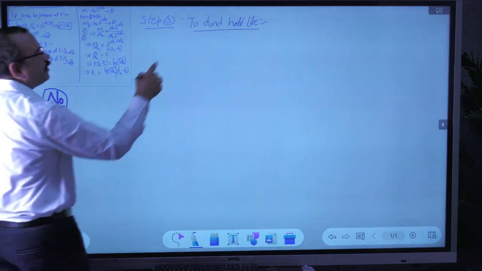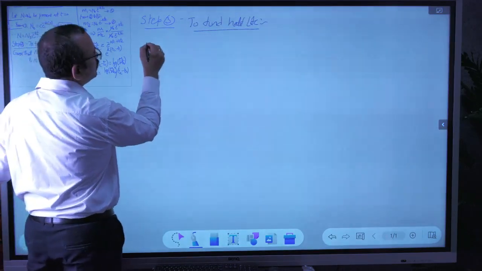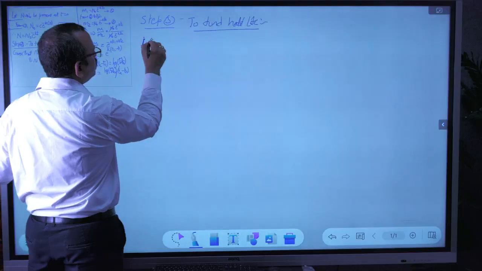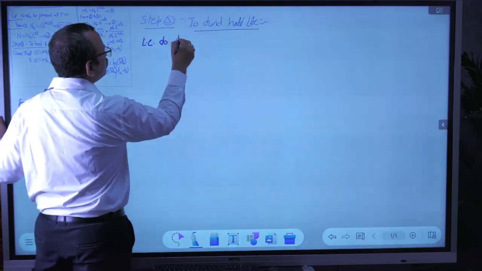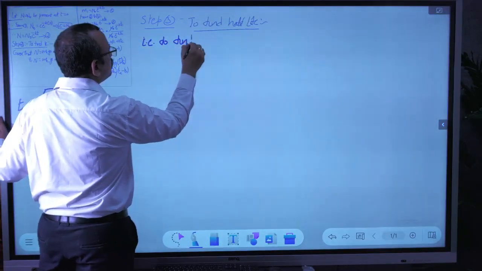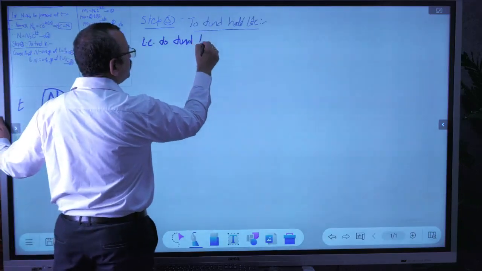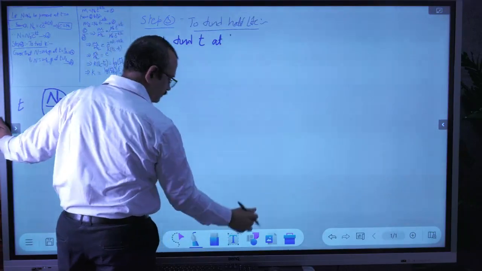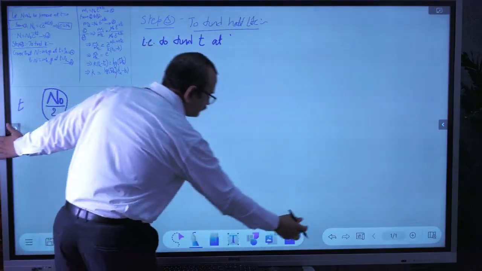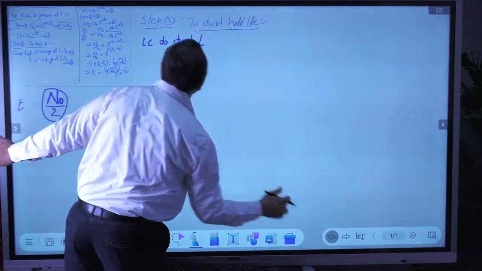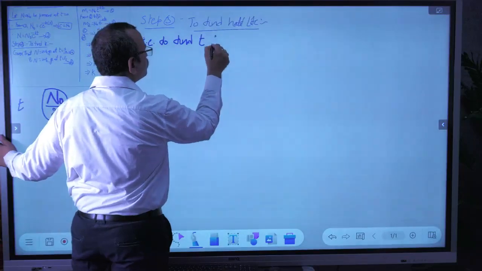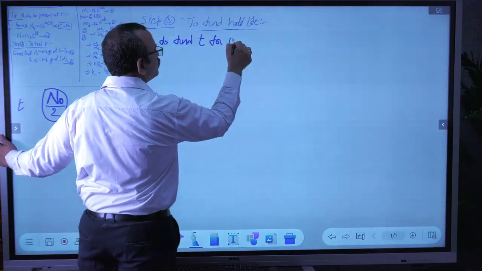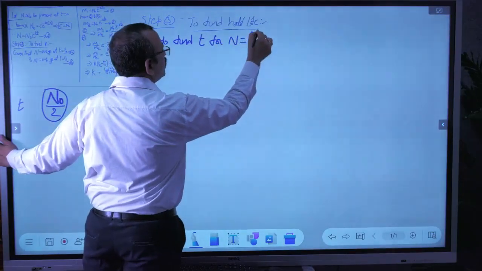In the sense, to find the half-life of uranium means to find the time t for n is equal to n naught by 2.